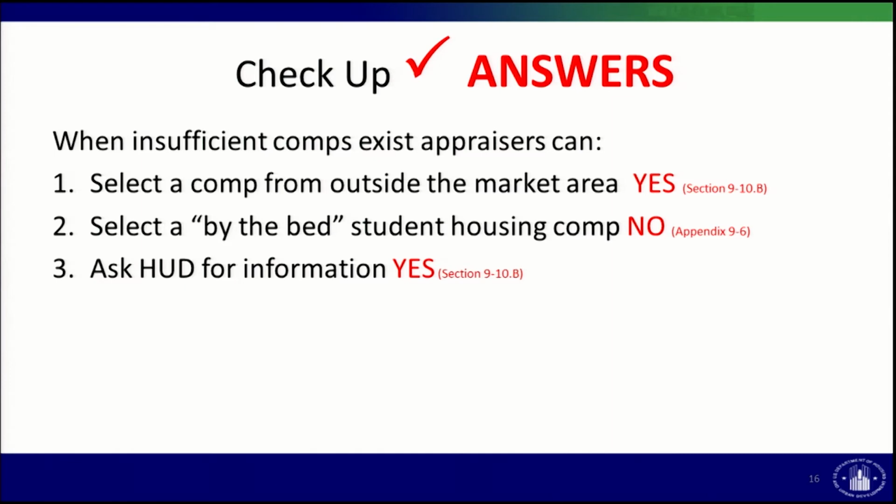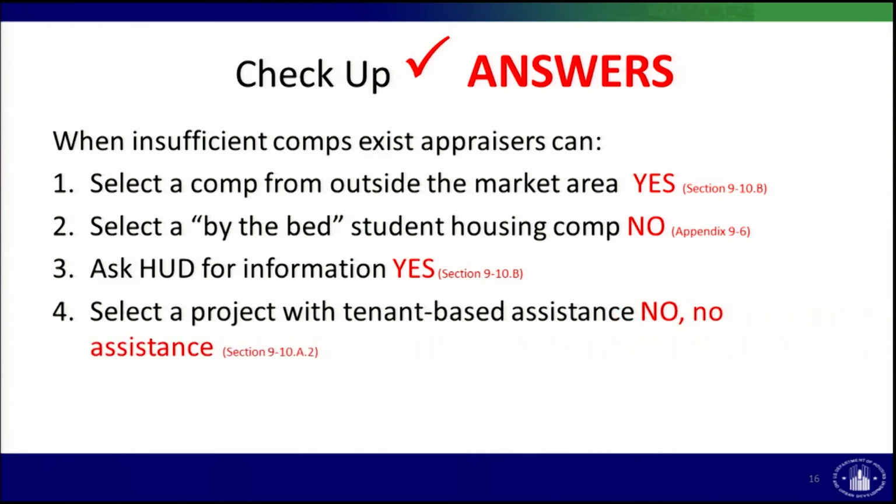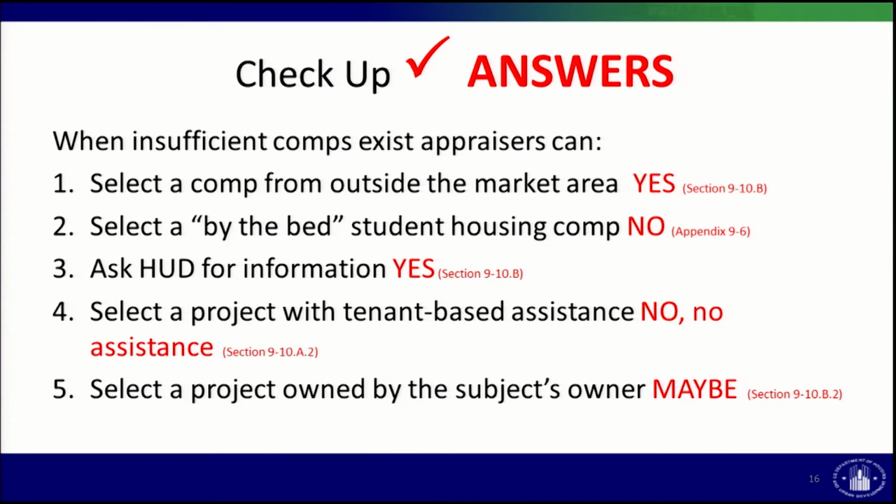Yes, we encourage you to ask HUD for information. Select a project with tenant-based rental assistance. No, an appraiser cannot select a project with tenant-based rental assistance. Last, select a project owned by the subject's owner. The answer to that is sometimes an appraiser can select such a project. You need to look at the guide in 9-10 for conditions which must be met before such a project can be selected.